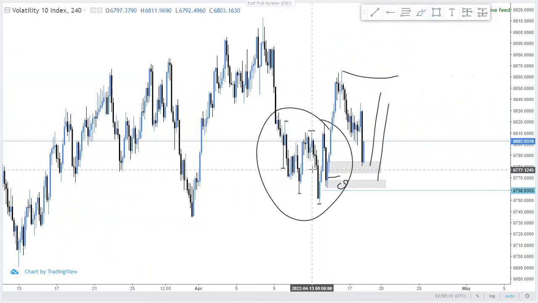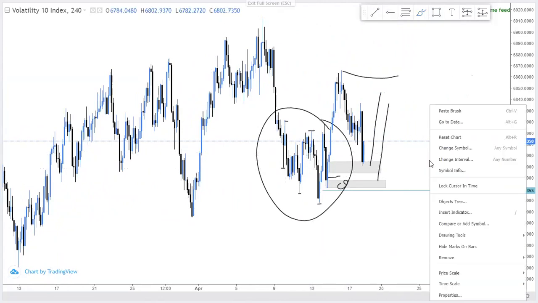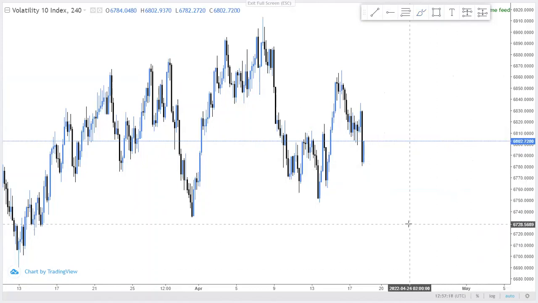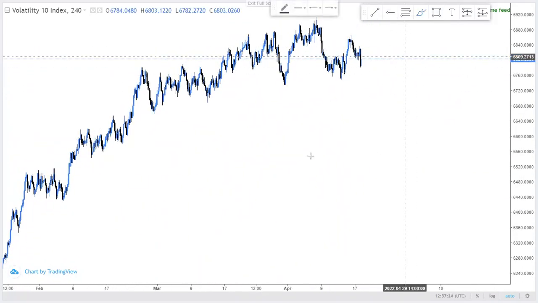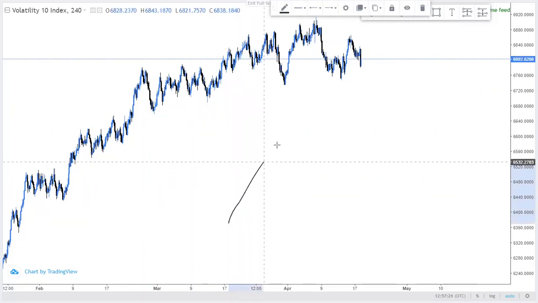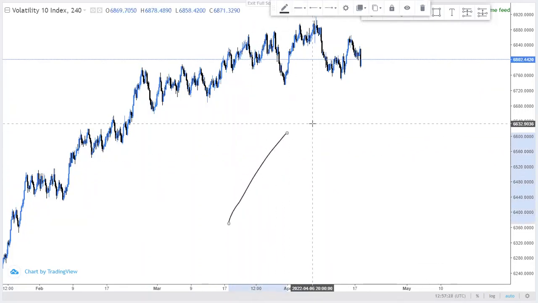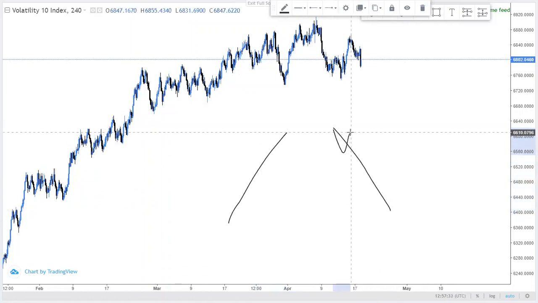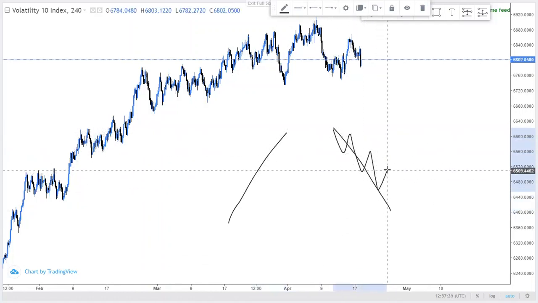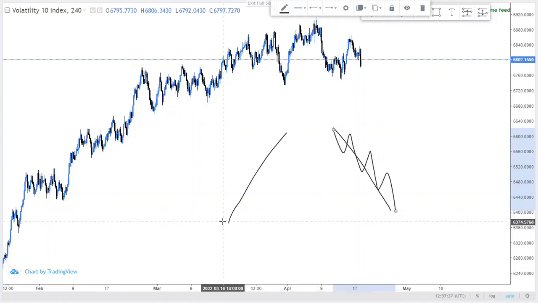Okay, let's start off from scratch. The idea is still the same. We want to see price continuing in a certain direction, going up or going down. This is done by movements like this, because we all know how price moves.